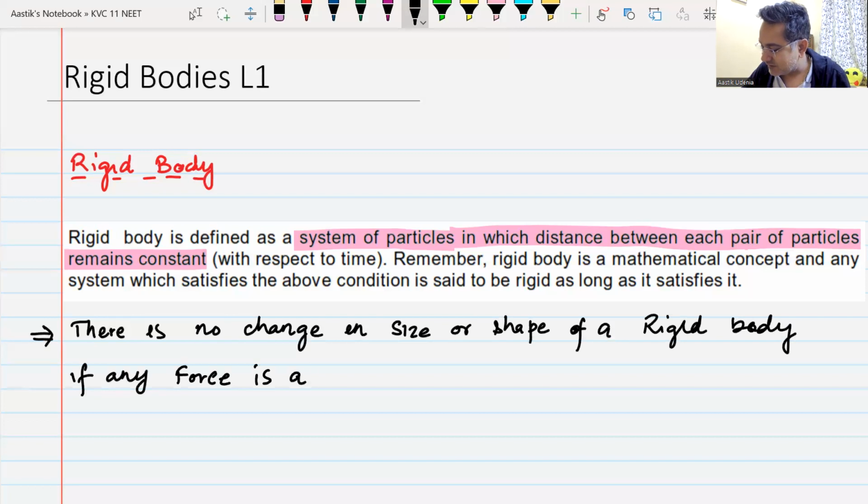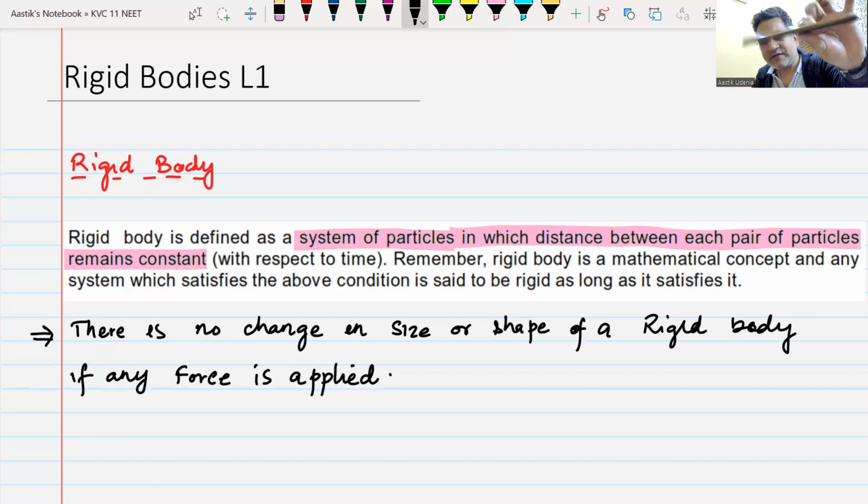Now, you must understand that this is completely a theoretical concept. Any body that you see, I'm holding this body, I'm applying a force here. It may look like nothing has changed. There is no change in size and shape of this body.